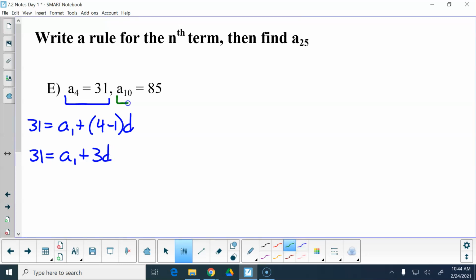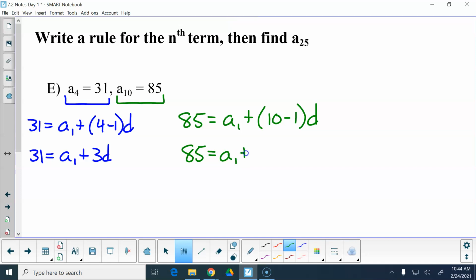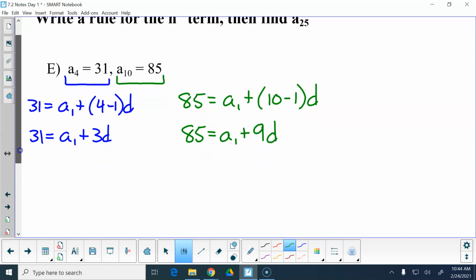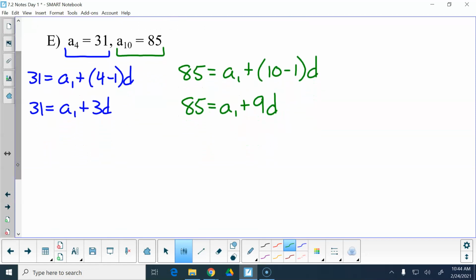Yeah, this one is saying that 85 is equal to the first term plus 10 minus 1 times d, so that is 85 is equal to the first term plus 9d. I would take the top, or the blue one here, and then multiply it by negative 1 again. Keep the green one the same.